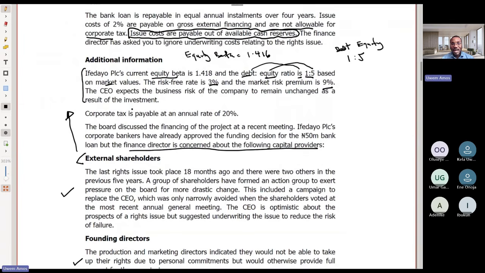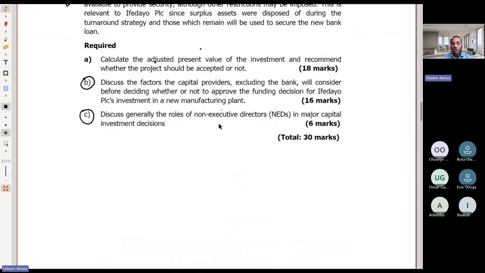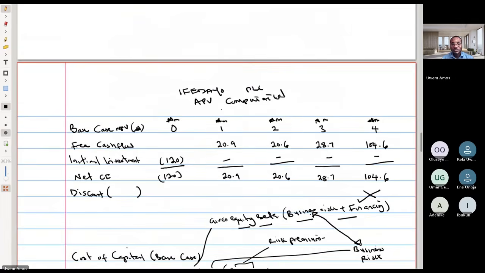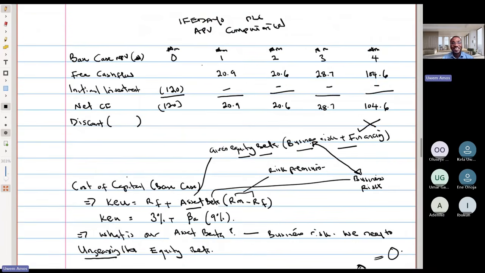Right, it says corporate tax is payable at the rate of 20%. So our tax is 20%, which is 0.2. So this is 1 minus 0.2, multiplied by the beta equity or equity beta, depending on how you tend to call it.